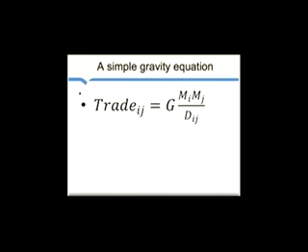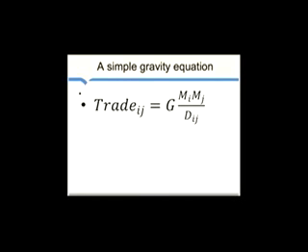On top, you have M sub I times M sub J. Think of that as the size of one economy multiplied by the size of the other. So in general, in gravity equations, the larger the economies you're dealing with, the less distance is going to matter. And then on the bottom, we have D, the all-important distance, and that's the distance between country I and country J, again represented by the subscript here.